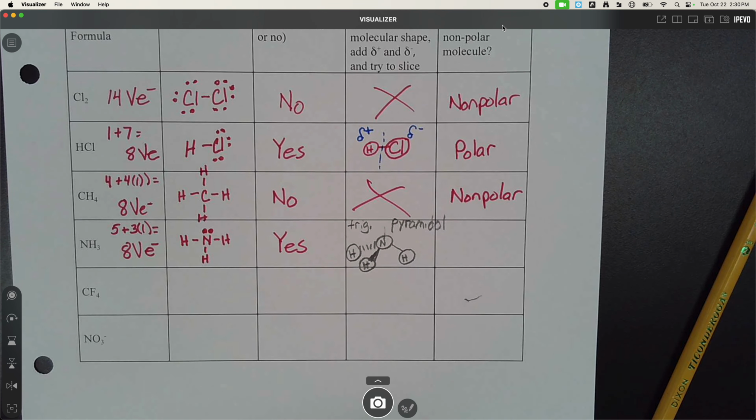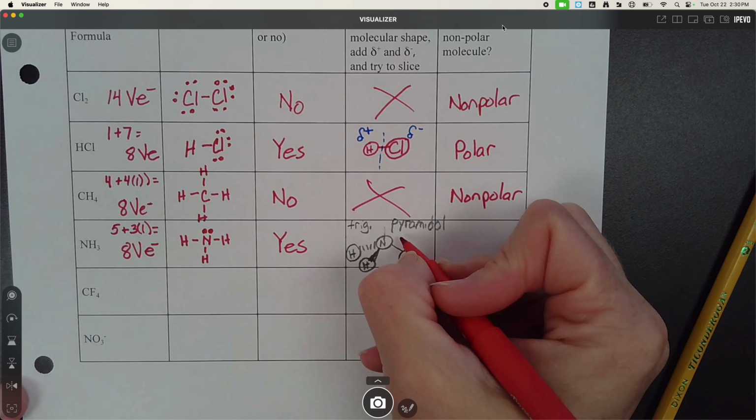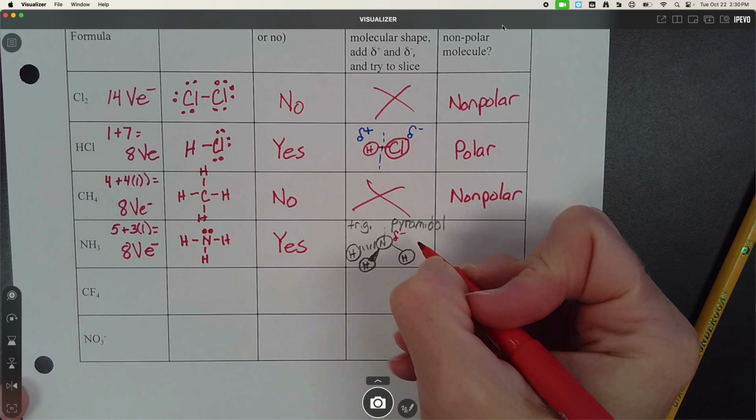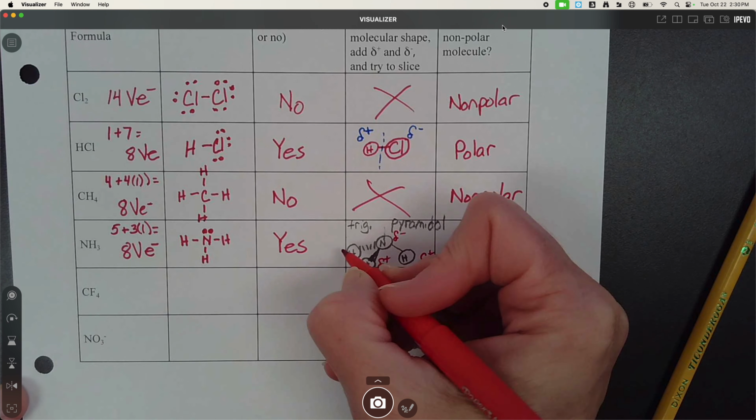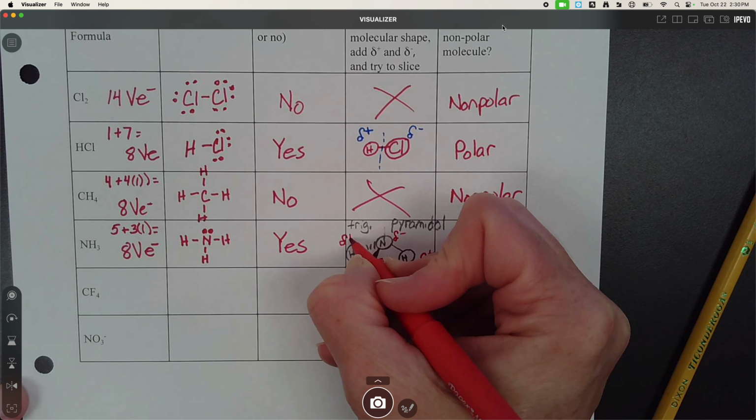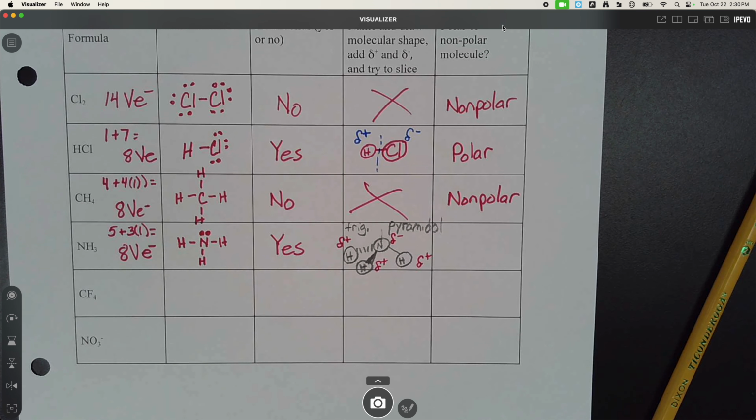As I look at the electronegativity, the nitrogen is more electronegative than the hydrogen. So my partial negative goes on the nitrogen. My partial positive goes on the hydrogen. So I have 3 hydrogens that are a little bit positive, a nitrogen that's a little bit negative.